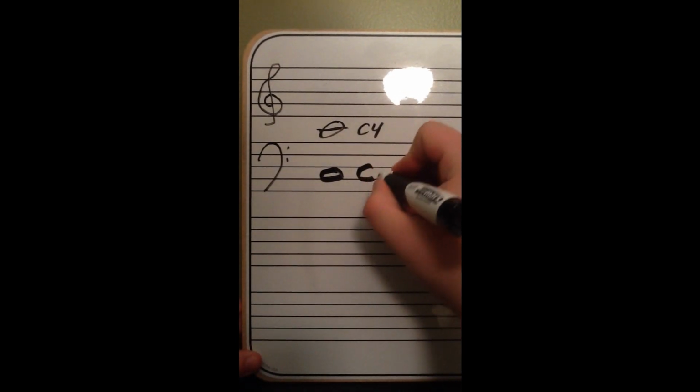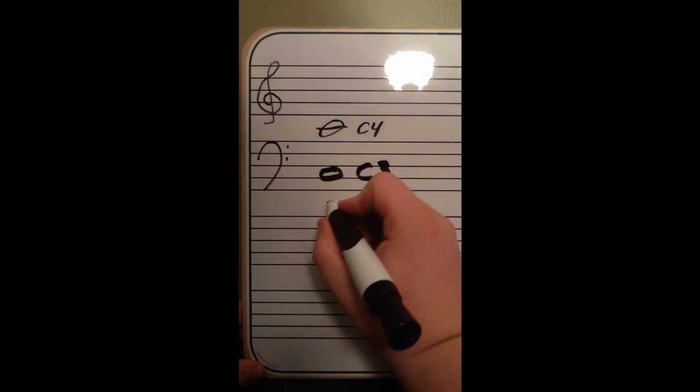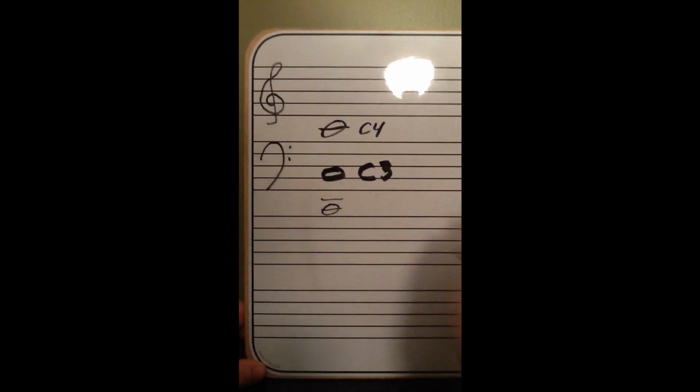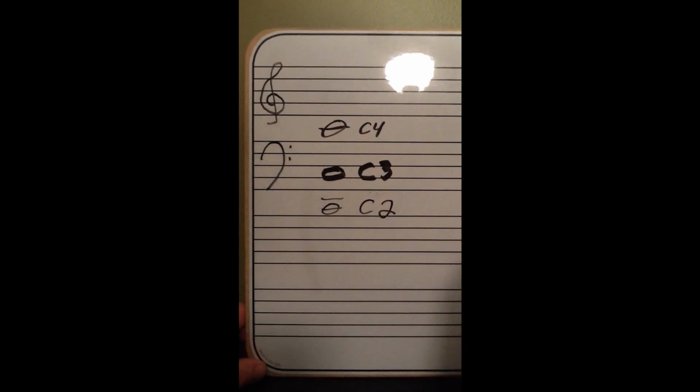That will be C3. If you go down to the next C, 2 ledger lines below that, that is C2. And that goes all the way down to C0.